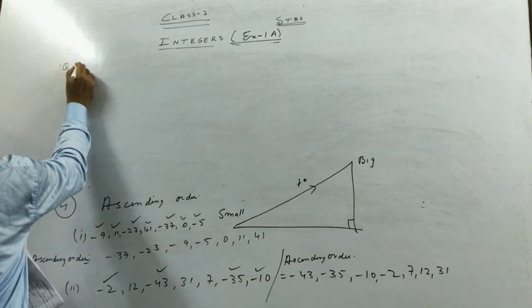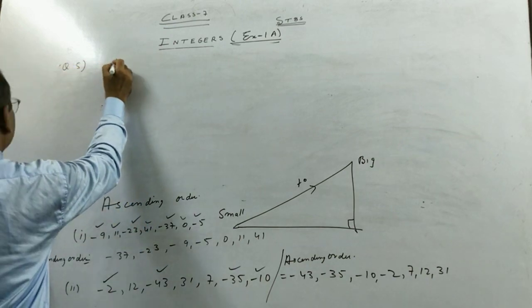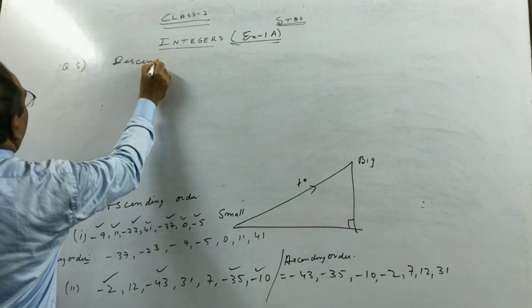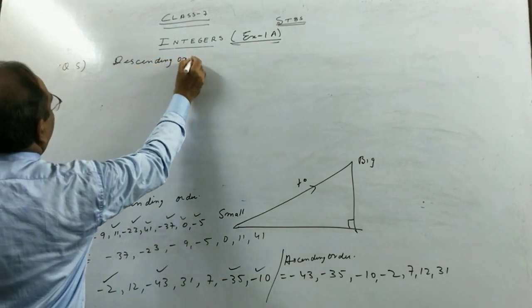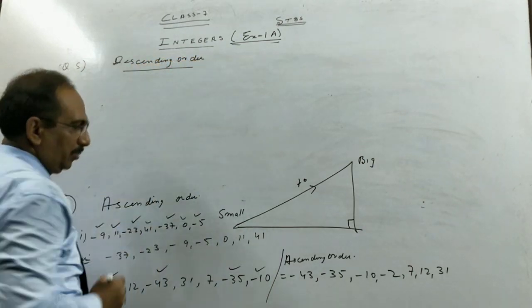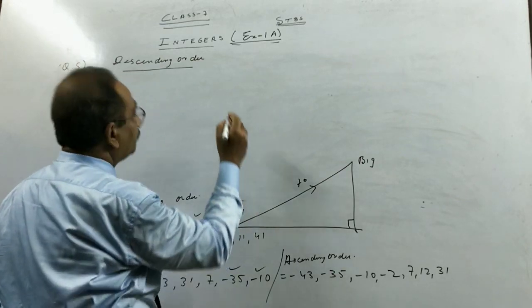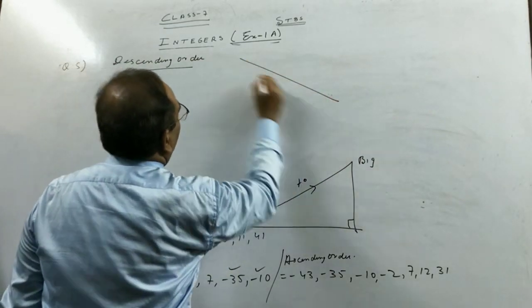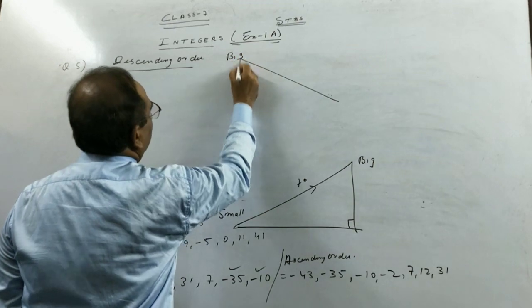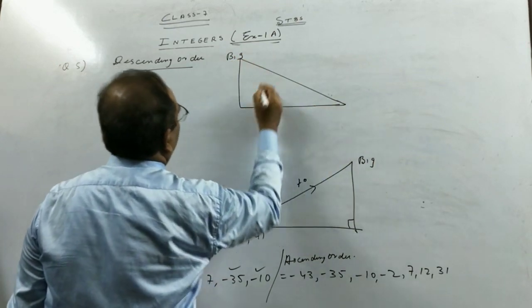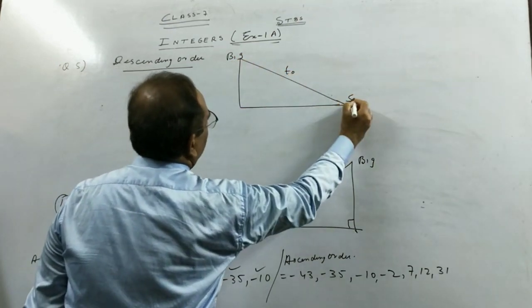Question number 5 is descending order. Descending order means from big we descend, from up to down, big to small.